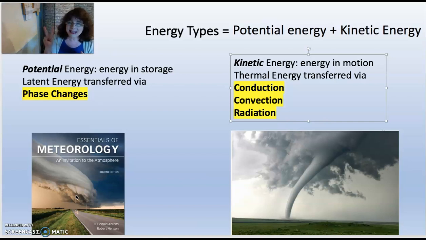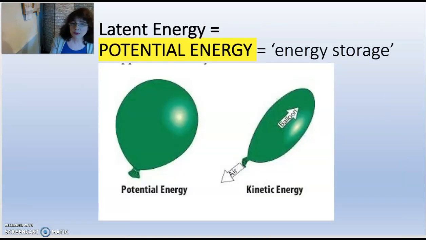There's a second type of energy in the atmosphere, and that is kinetic energy, which is energy in motion, energy that is moving the molecules, generally thermal energy, and we will be studying types of thermal energy transfer, which is the transfer by conduction or convection or radiation, transferring that energy to move those molecules.